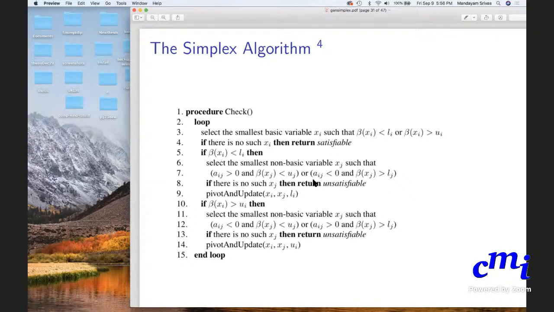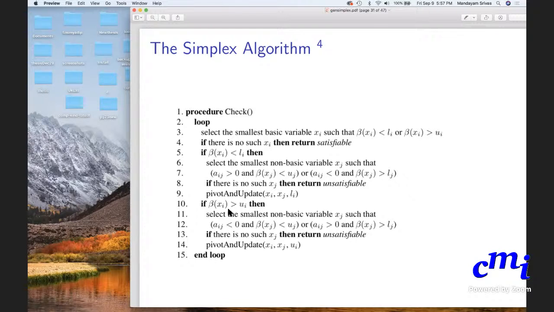Okay, so you have to check if the non-basic variable has enough slack either at the high end or low end in order to allow the value of xi to be adjusted to its lower bound, and that's what that check does. Okay, if there's no such xj, then it returns unsatisfiable. But if there is one, then it does the pivot and update operation that I informally explained in the last slide.